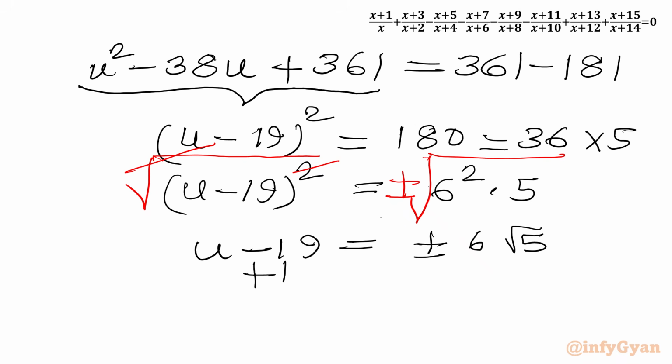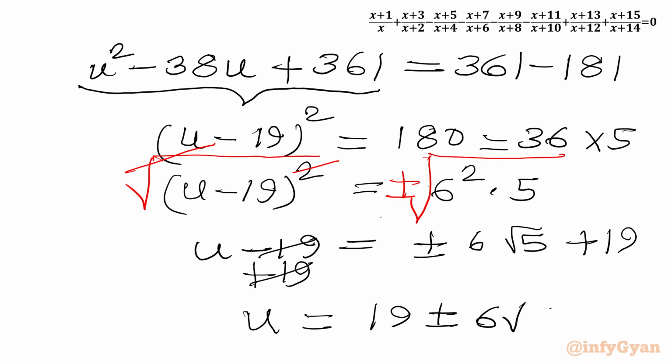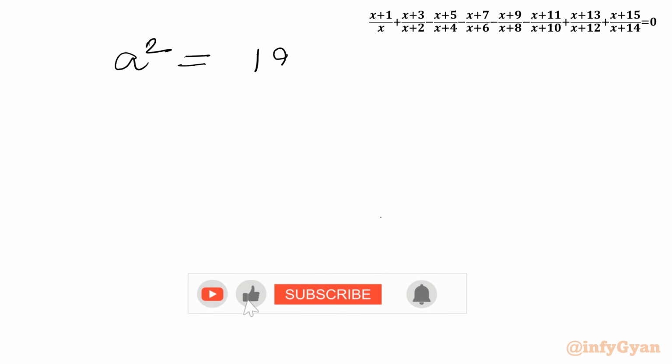Now we have to add 19 to both sides to get the value of u. We will get u equal to 19 plus minus 6 square root 5. Now u was a square. So we will write a square equal to 19 plus minus 6 root 5.